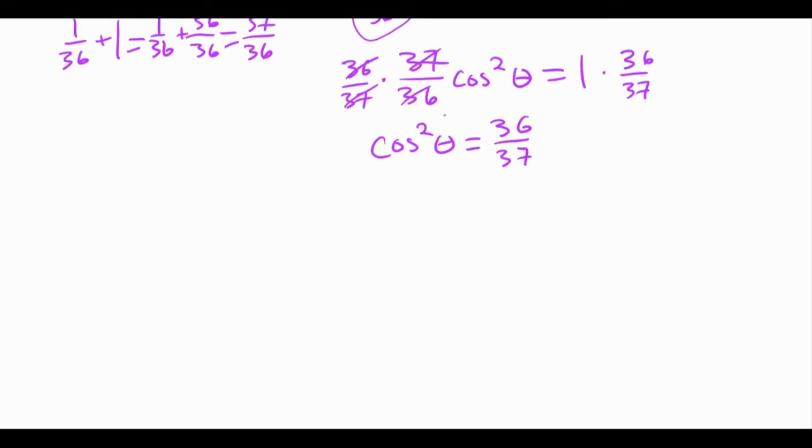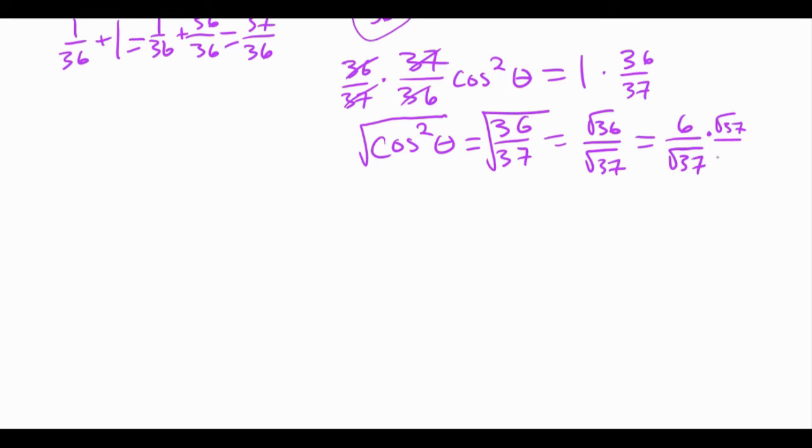I take the square root of both sides, which is the same thing as the square root of 36 over the square root of 37, which is the same thing as 6 over the square root of 37. And I also don't want a square root in the denominator. Man, there's a lot of steps to this. Nothing that you can't do, though. I totally believe that.